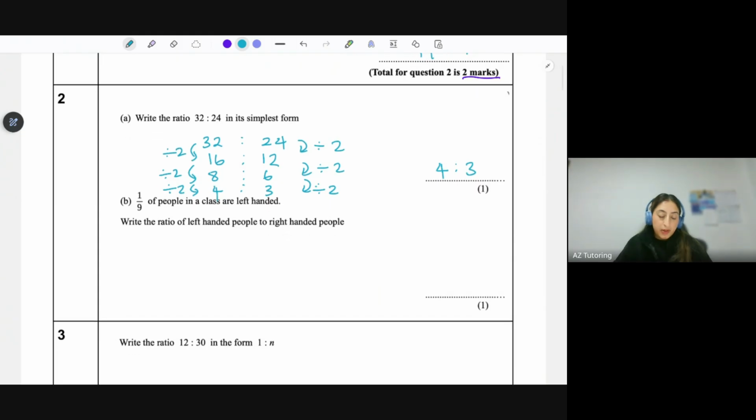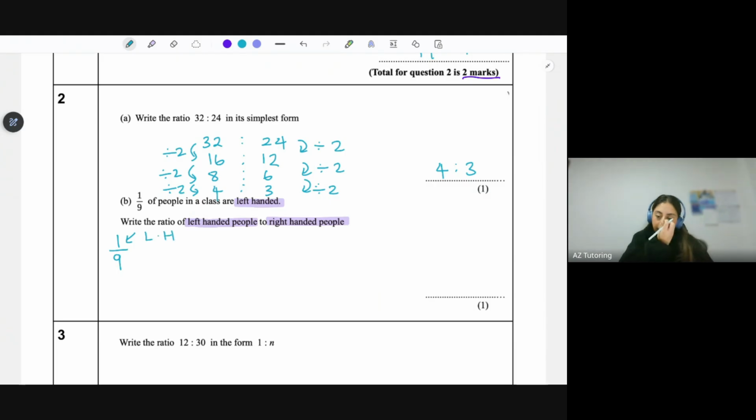Part B says 1/9 of people in a class are left-handed. Write the ratio of left-handed people to right-handed people. Now they've given us the fraction which are left-handed. So if you just look at the fraction again, 1/9, that tells us how many are left-handed.